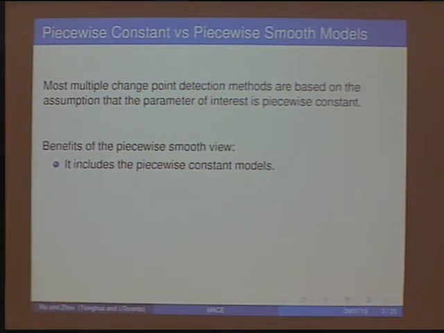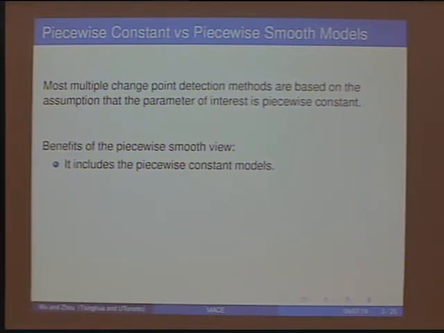The reason is that it's very easy to think about a temporal system which evolves smoothly over time instead of piecewise constant. Smooth and slow changes are a very common thing in real practice.